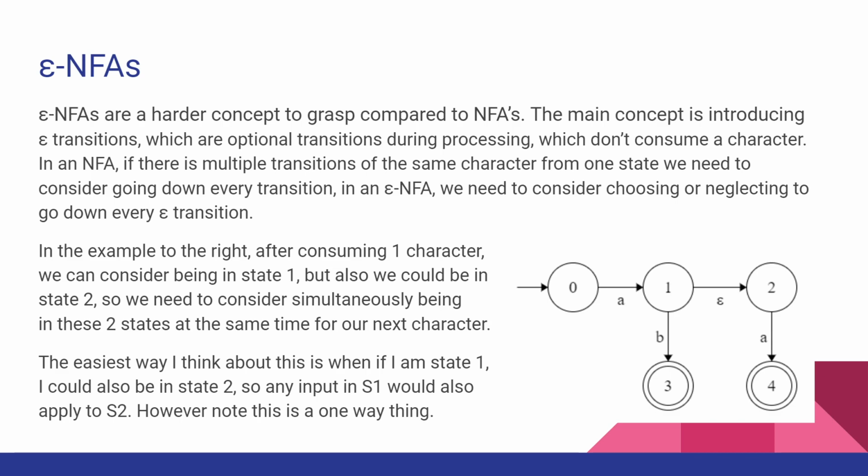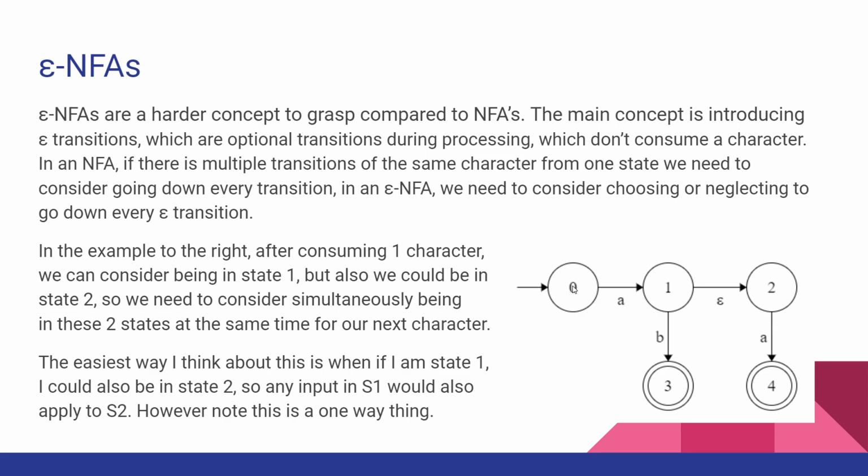In an NFA, if there's two A paths coming off one state, we need to consider going down both of these. And in an epsilon NFA, although it can still have that, we also need to consider going down or neglecting to go down an epsilon transition.